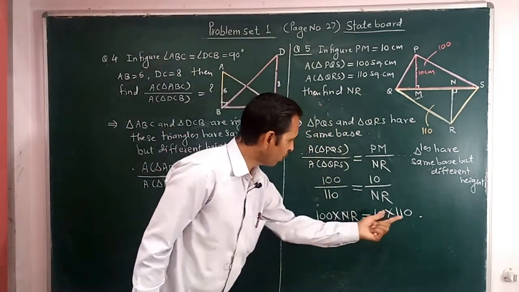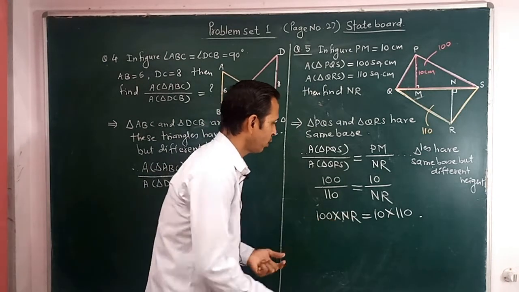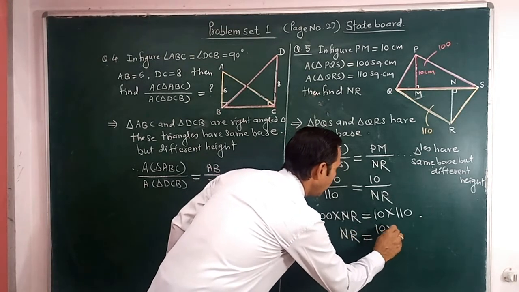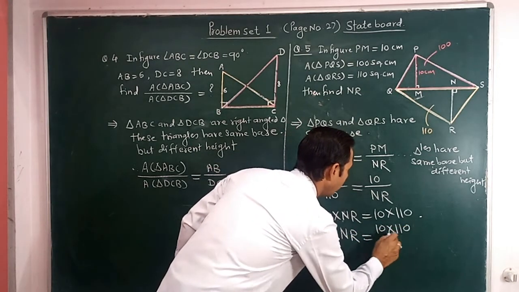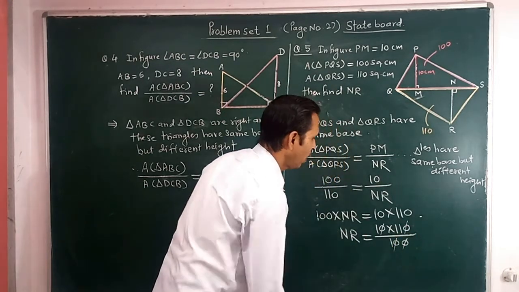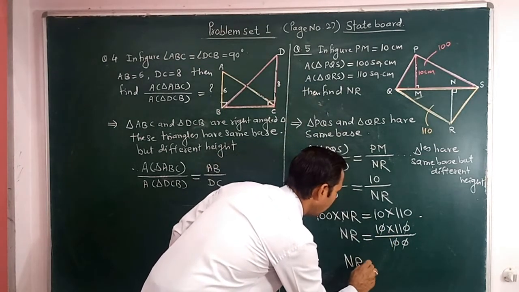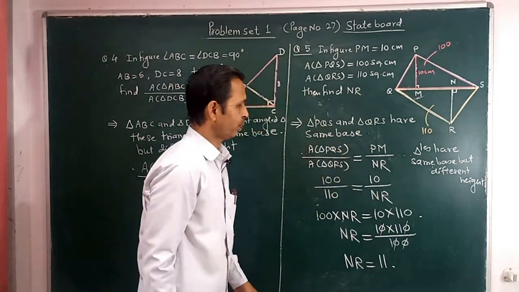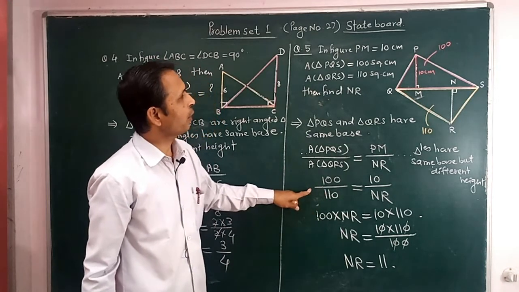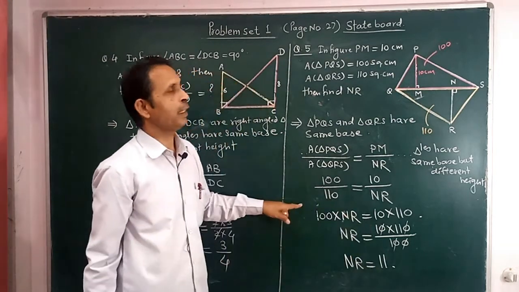Now divide this equation by 100 because we have to omit this 100 from the LHS. So NR is equal to 10 into 110 divided by 100, means these two zeros are cancelled. 1 into 11, that is 11 divided by 1, and so NR is equal to 11. The height of the other triangle, QRS, is 11 centimeter.